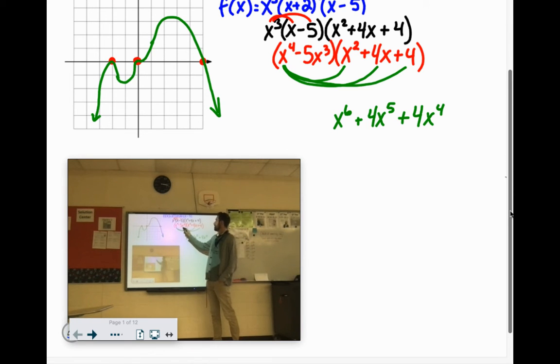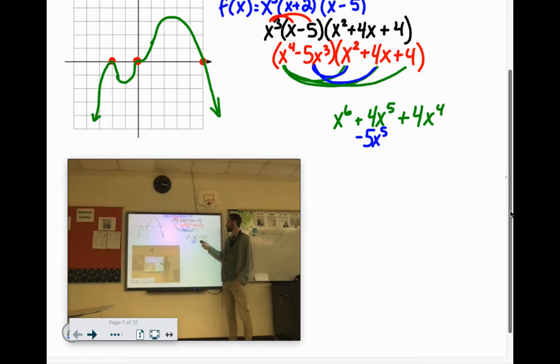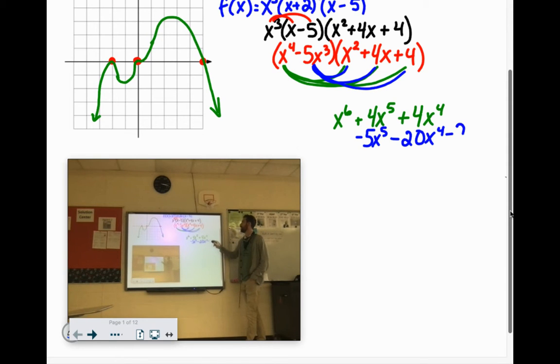All right, now we got to give everything that third power. So negative 5x to the third times x squared would be negative 5x to the fifth. Negative 5x to the third times 4x would be negative 20x to the fourth. And then negative 5x to the third times 4 would be negative 20x to the third.